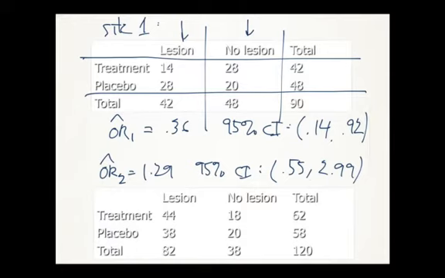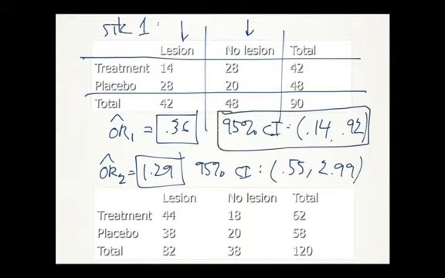So you can see these 2 sites have told us very different things, because in site 1 the estimate of the odds ratio was less than 1, and here it was greater than 1. So those are conclusions in 2 opposite directions. But notably, the estimate for site 1 was significant because the 95% confidence interval did not contain 1, whereas the estimate for site 2 was not significant because the confidence interval did contain the null value of 1. Okay?